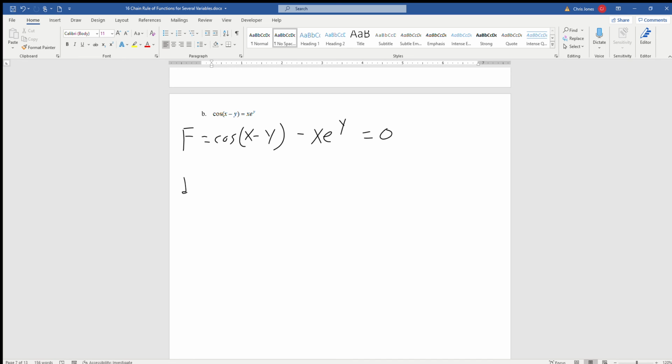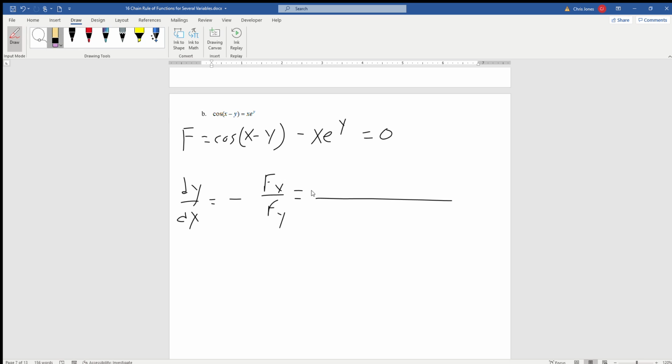So remember, dy/dx is going to be equal to the opposite of f sub x over f sub y. f sub x is going to entail a chain rule for at least the first term. So f sub x, and I should squeeze that negative in there somewhere. So let me just erase this, give ourselves a little bit of room.